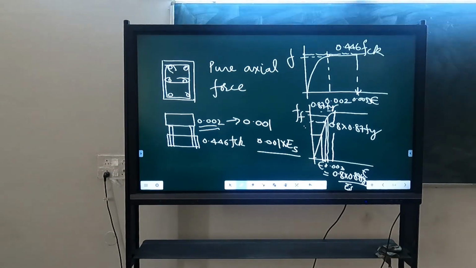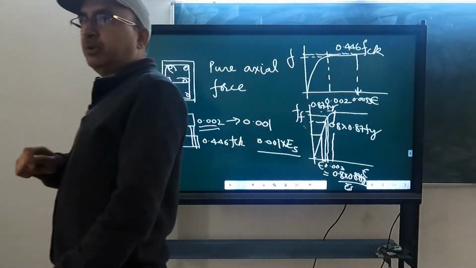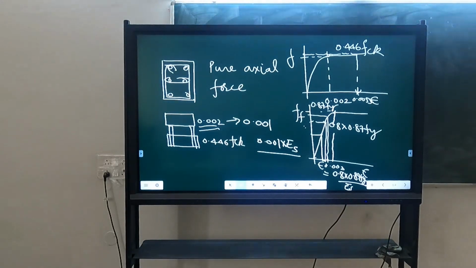If you increase load slightly more than this, it will go on deforming. If it is less, it will be stable. So we have to determine the load at which failure will take place, meaning the deformation will continue to increase and finally it will either get crushed or rupture.